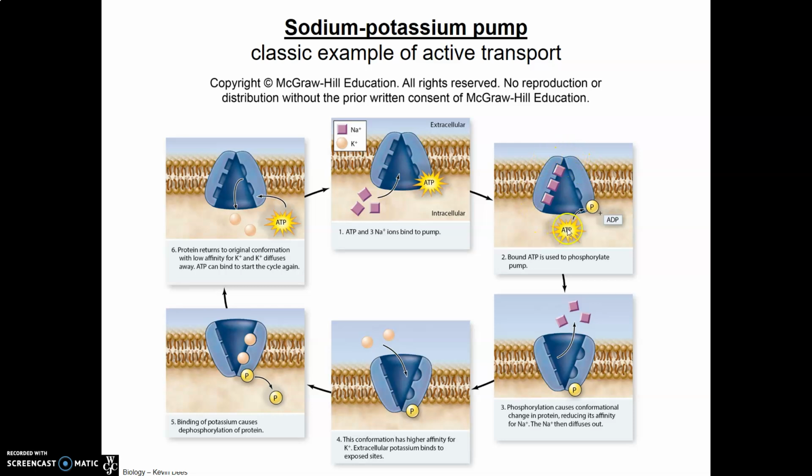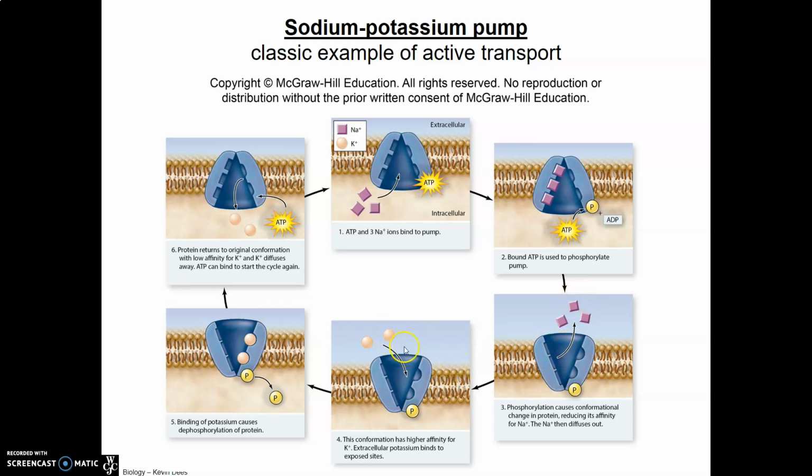This causes a fundamental shape change and therefore a structural and functional change in this protein, and the protein opens up to the other side, and this reduces the ability of these 3 sodium ions to remain attached to our protein, and so they're pumped out.